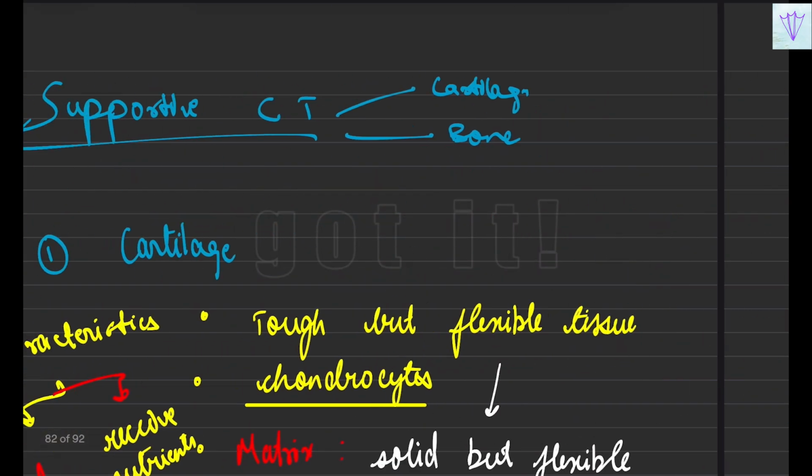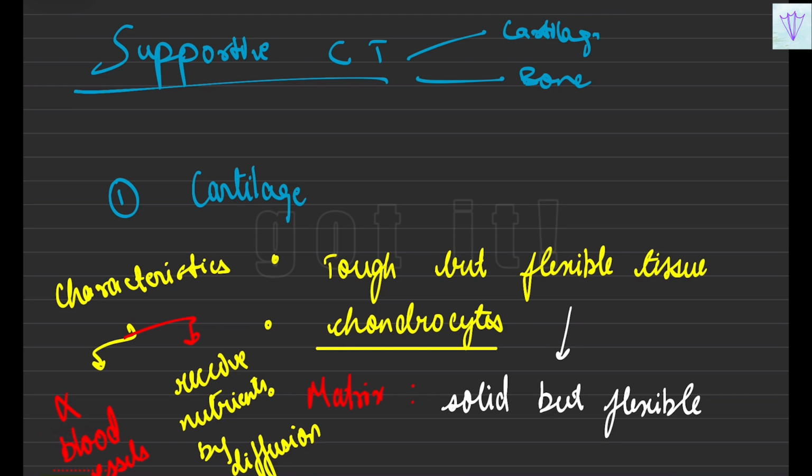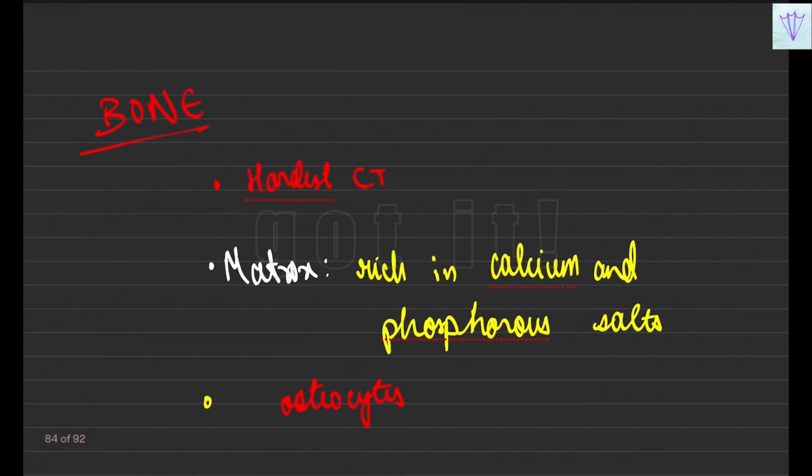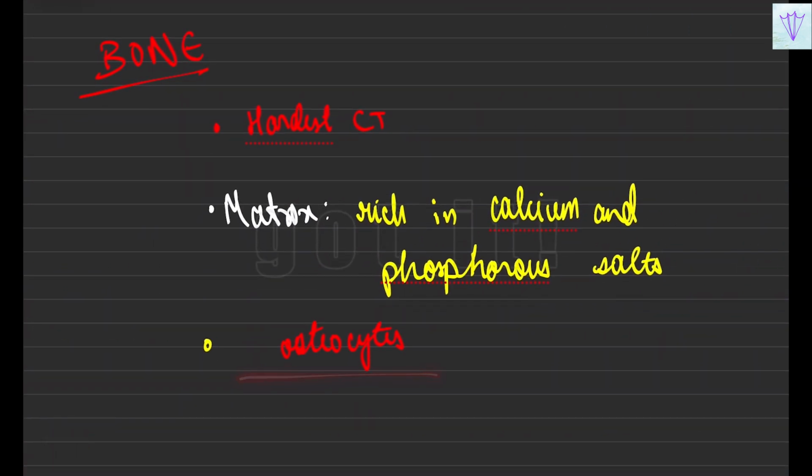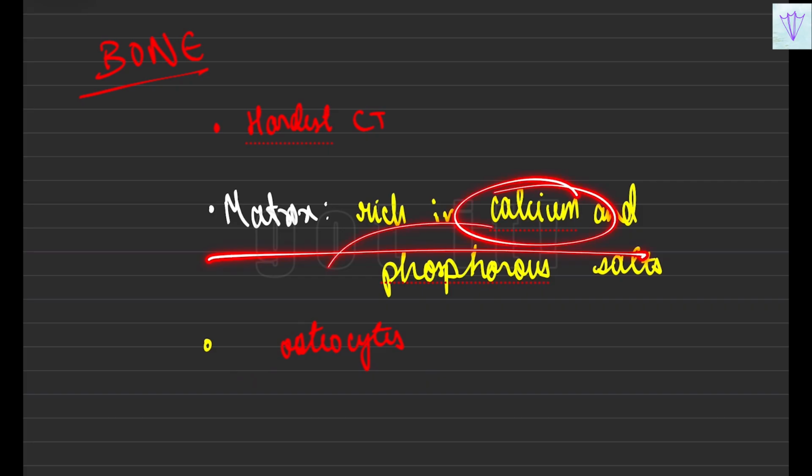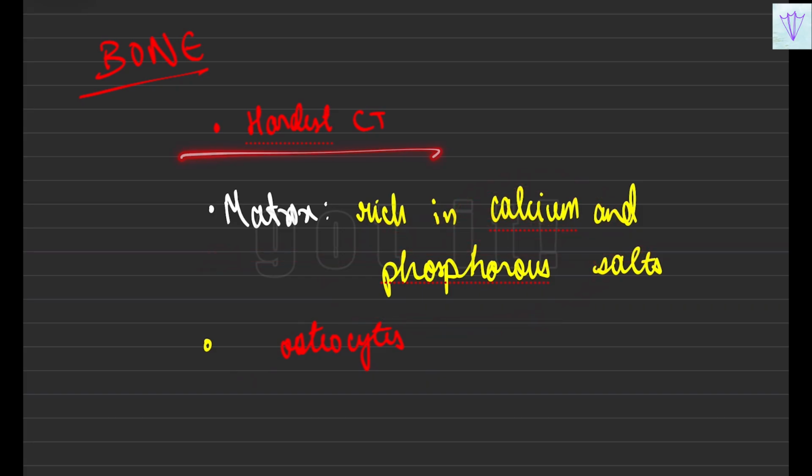So we've already seen that in the cartilage they are called chondrocytes, and in bones they are called osteocytes, and its matrix is rich in calcium and phosphorus salts and is the hardest connective tissue.